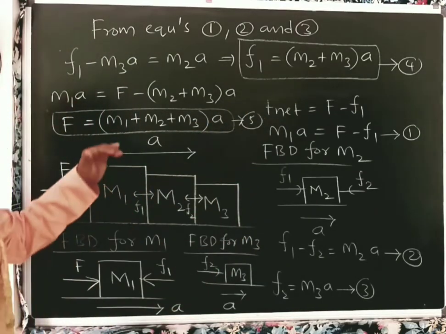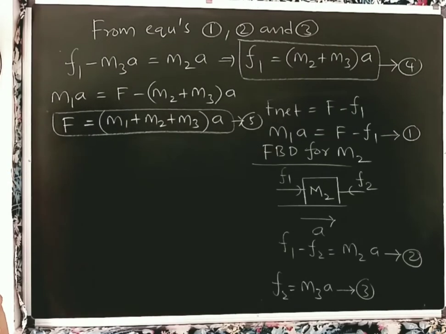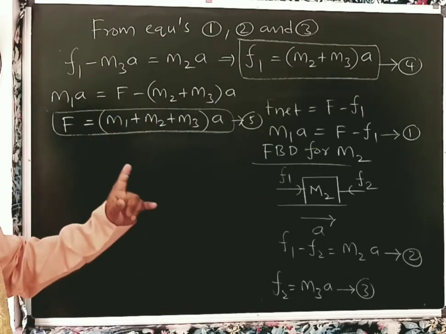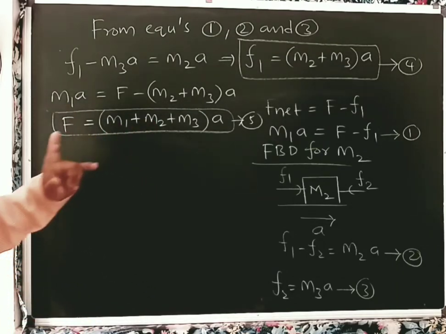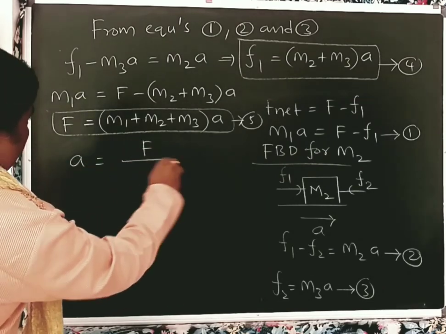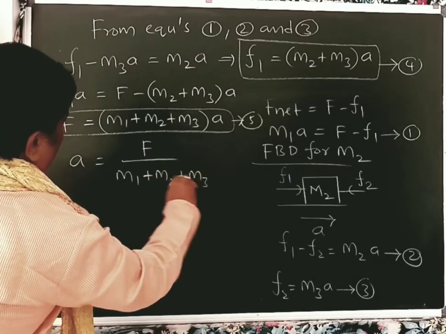From equation 5, we can easily write the expression for the acceleration of the entire system. A is equal to F by (M1 plus M2 plus M3).